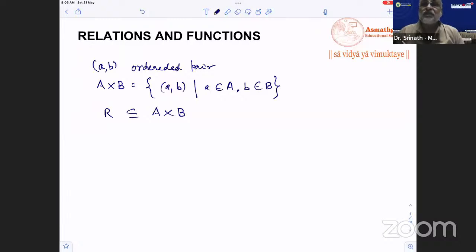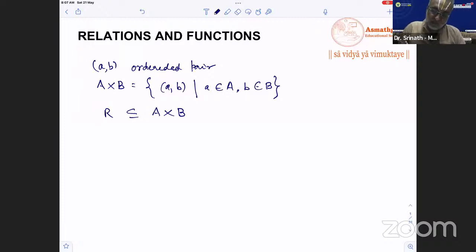Therefore, a null set is also a relation, called the null relation. If you take A cross B, every set is a subset of itself, so A cross B is a subset of A cross B. A cross B itself is one relation, which we call the universal relation.